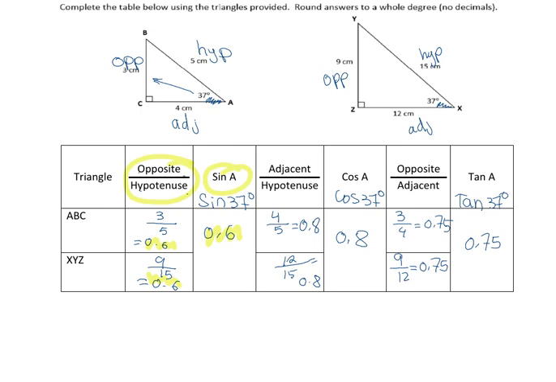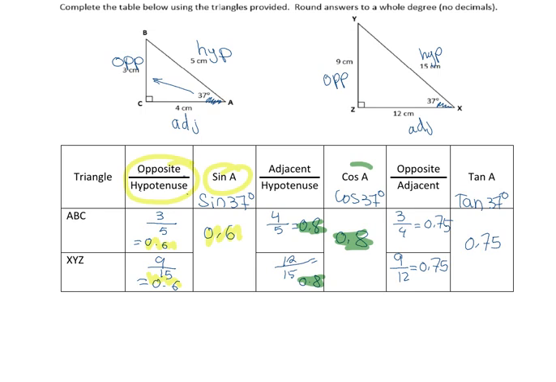How about cosine? What does it match? Adjacent over hypotenuse. So cosine A matched the adjacent over the hypotenuse.